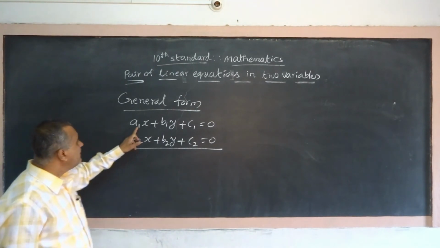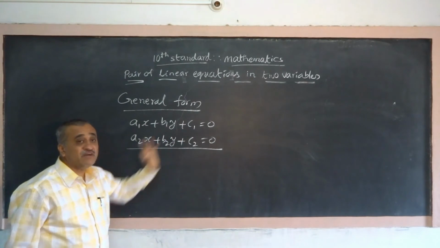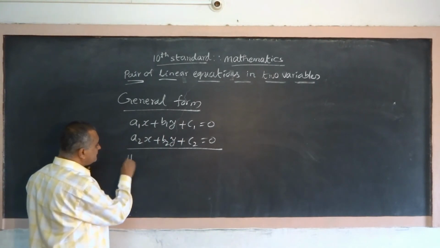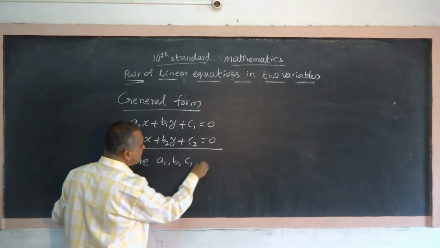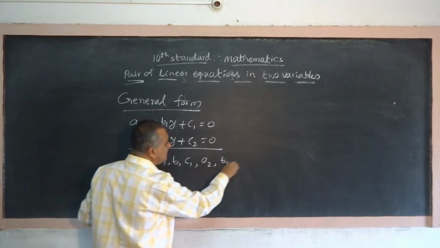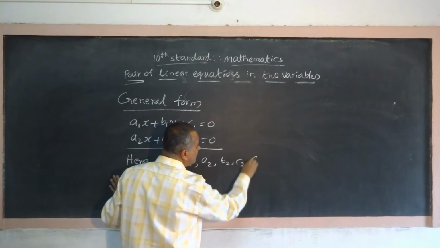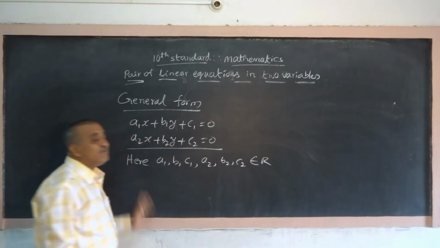What are those? We have taken a1, b1, c1, a2, b2, c2 belonging to the set of real numbers.